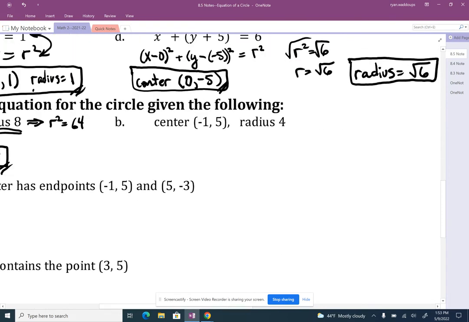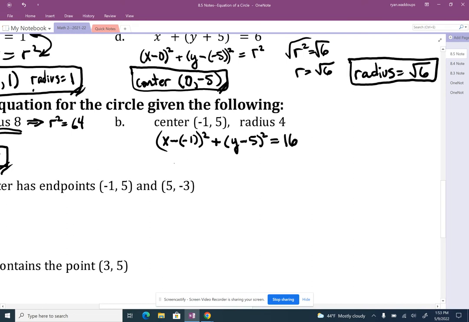Let's look at B. The center is at -1, 5, and the radius is 4. So we're going to write x minus h, that's x minus -1, put that all in parentheses, square it, plus y minus k, and that's 5, so y minus 5 squared is equal to the radius squared, and the radius is 4, so the radius squared is 16.